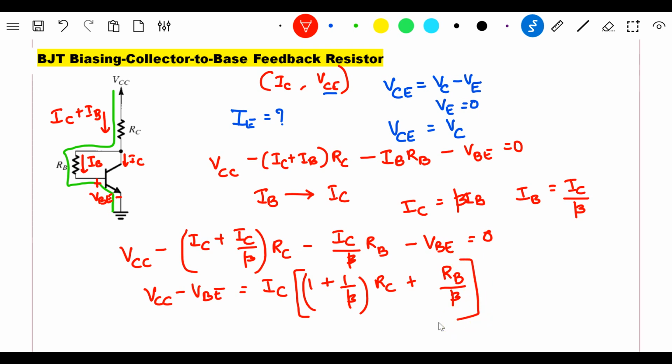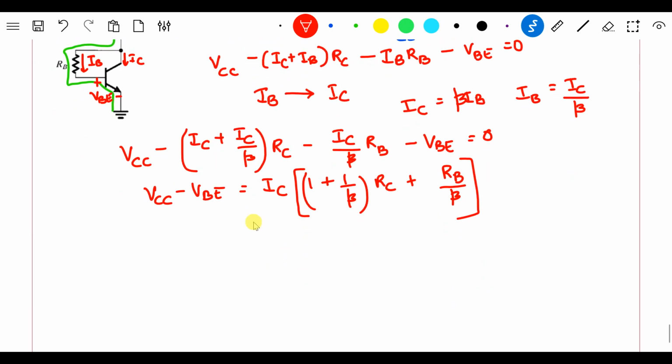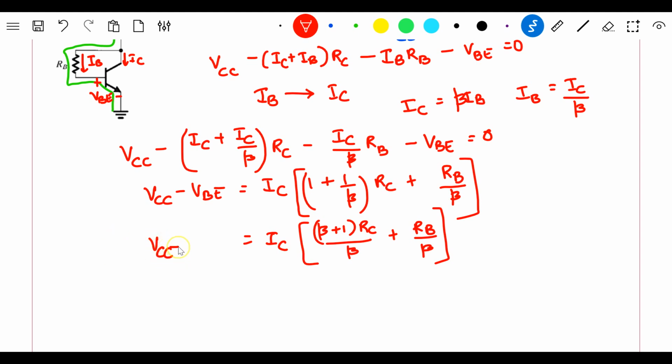So therefore, if I take the LCM, finally what I'll get on this right hand side is IC into beta plus 1 into RC divided by beta plus RB by beta, and you will be able to get VCC minus VBE on the left hand side.